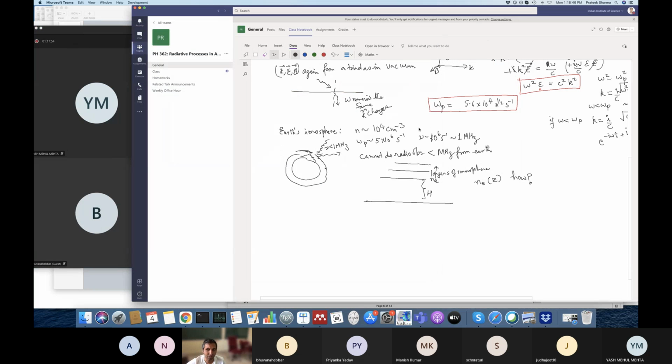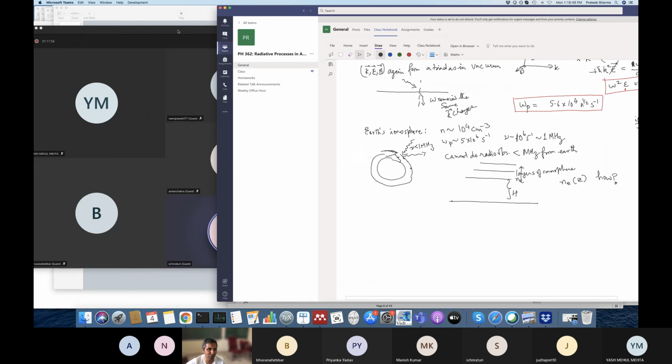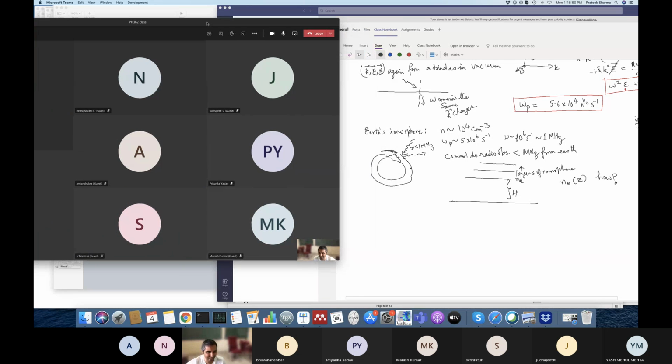Then, right, that is fine. Basically what you can assume is that at whatever height omega is equal to omega p, the wave is reflected. What happens is when omega is less than omega p, at that height, the wave gets reflected. So Sachin, can you try to construct how we can try to do this?